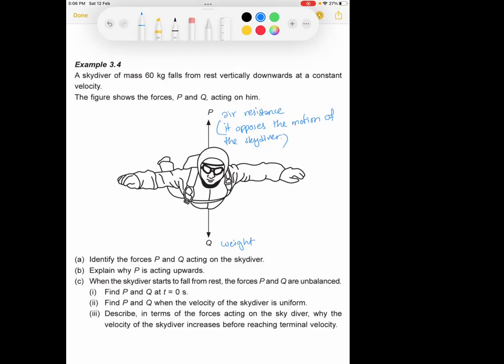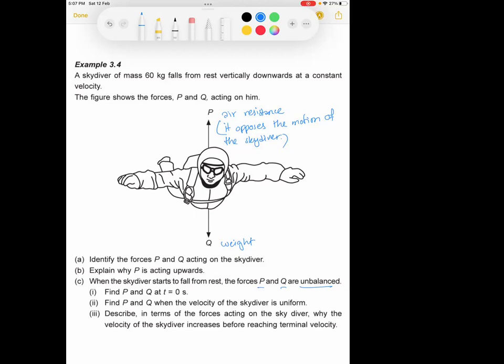And unbalanced means they're not equal. When the skydiver starts to fall from rest, the forces P and Q are unbalanced. But as time goes on, it will become balanced at a point. That's when the terminal velocity is reached. So find P and Q at time t equals 0 seconds.